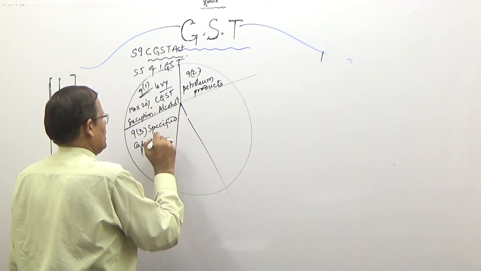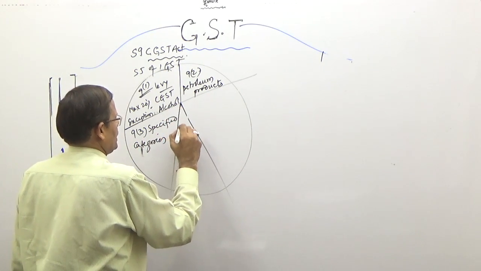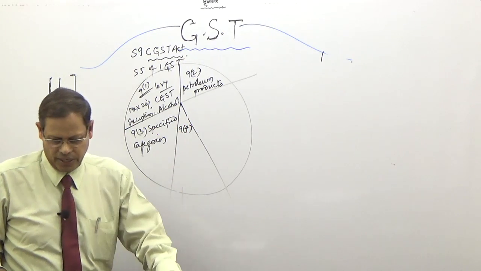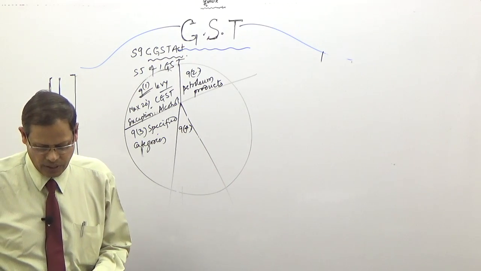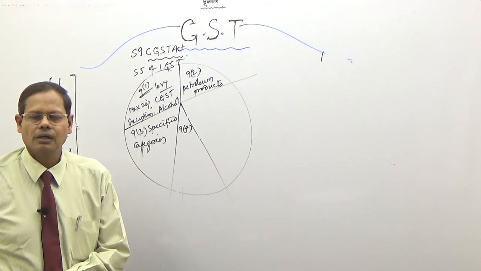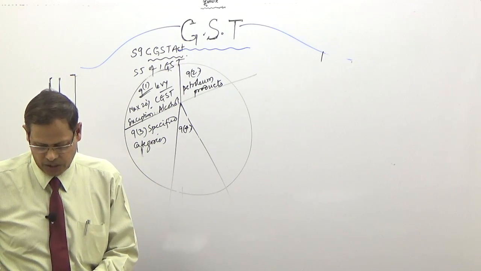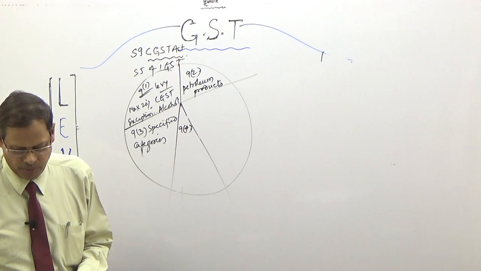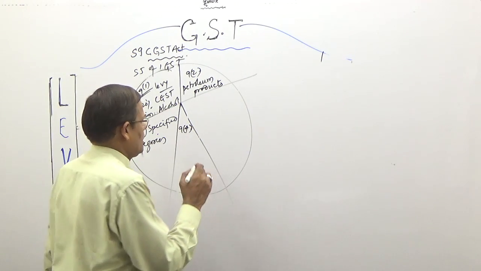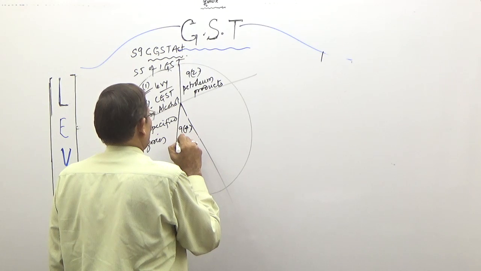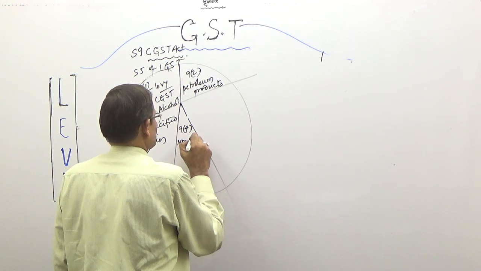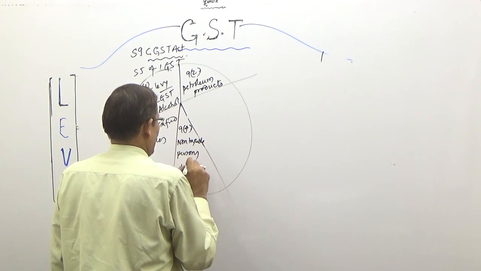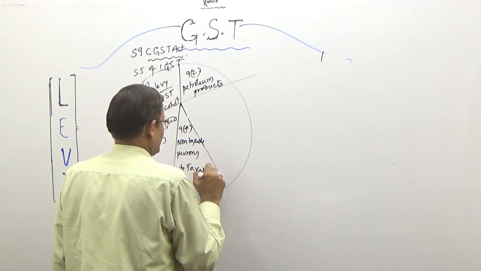Specified categories, all 9(3), 9(4), of course 9(5) is also there. 9(3), 9(4) in particular, e-commerce operator and provisos are also there. E-commerce operator, unregistered dealers, 9(3), 9(4), non-taxable persons. So, to taxable persons. Of course, 5,000 limit is there.